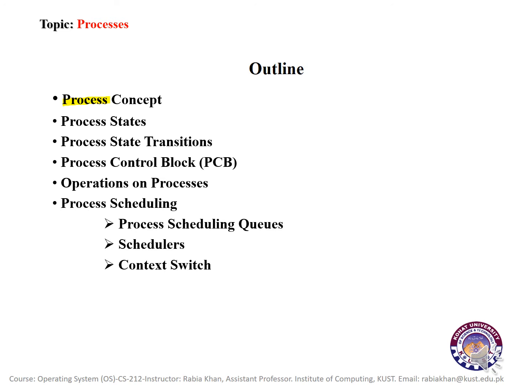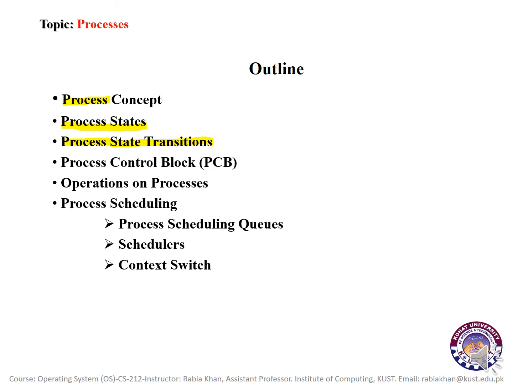After understanding the concept of process, we then will move on to discuss different states that a process generally shows during its lifetime. And then we will be discussing how a process changes its state, how it moves on from one state to another. So the state transitions will be discussed diagrammatically.